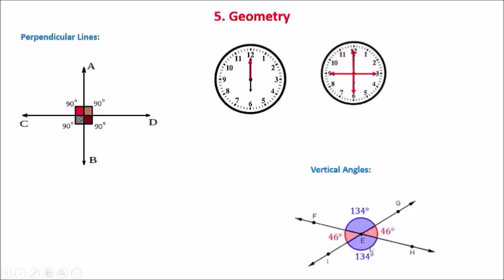The other two vertical angles here, 46 and 46, will also be exactly equal. Because this is a straight line, 134 plus 46 always has to be 180 degrees, okay? So if I know one angle, 134, I can always find the other because it's going to be 180 minus 134, okay?